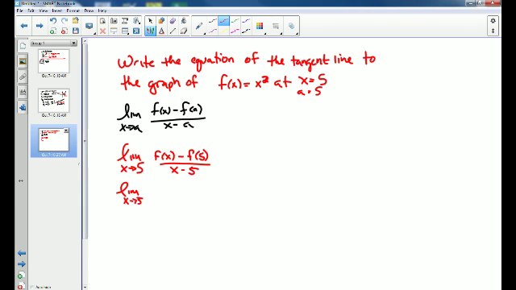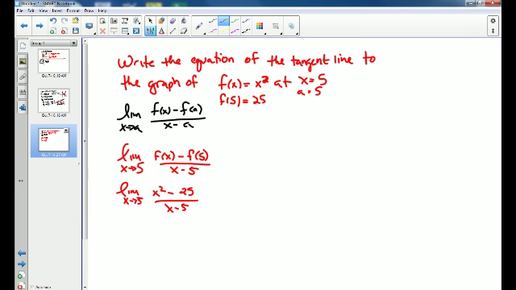What's f of x? x squared. And what's f of 5? You can write this as your first step. I'm just doing very detailed expansion so you see it. If you're good, this is the first step, that's fine.